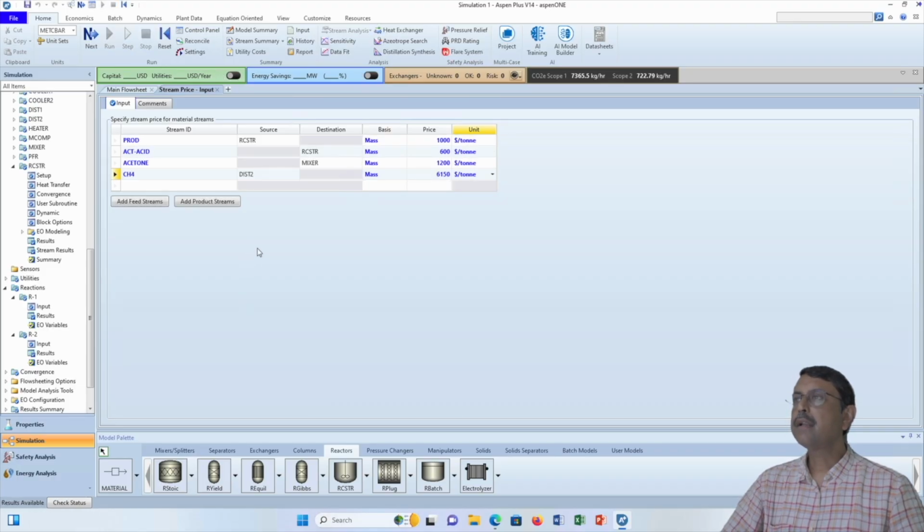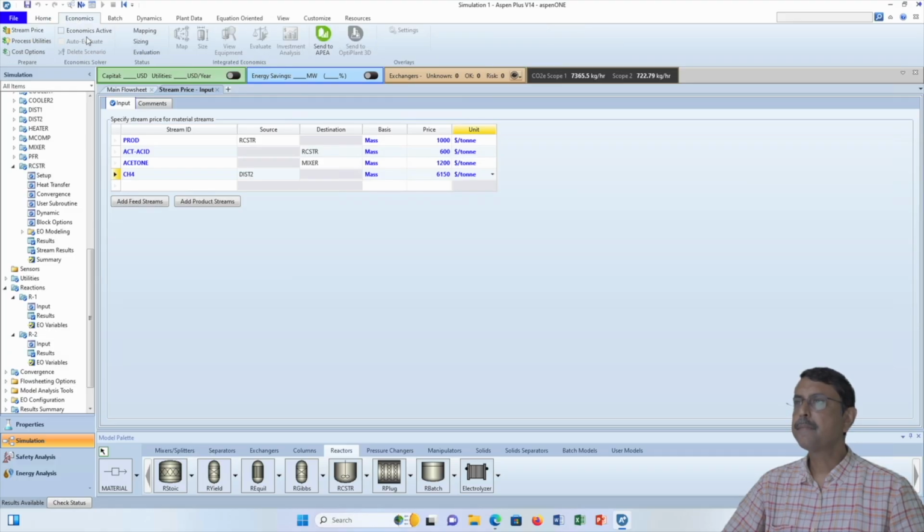But then there are options for performing the economics analysis. One is by choosing this one. If you turn it on, then all of them will be calculated on their own. Map will be active, size will be active, view equipment will be active, evaluate, everything will be active. Okay. So this is the route one.